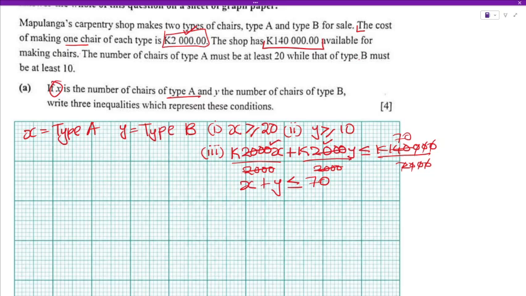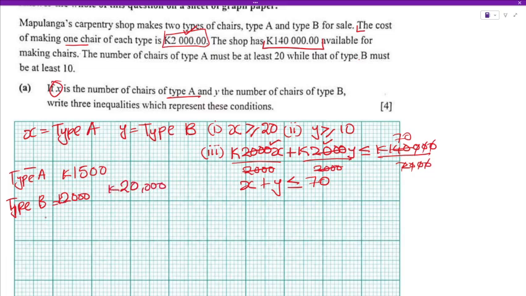If, for example, chair A was being bought at a different price, let's say type A was being bought at 1.5, and type B was being bought at, let's say, 2000, and the amount available to be spent was maybe 20,000.